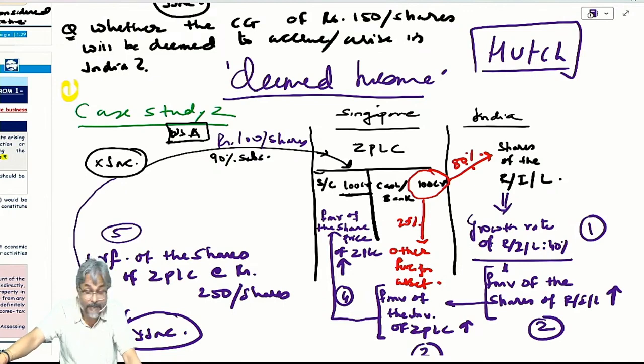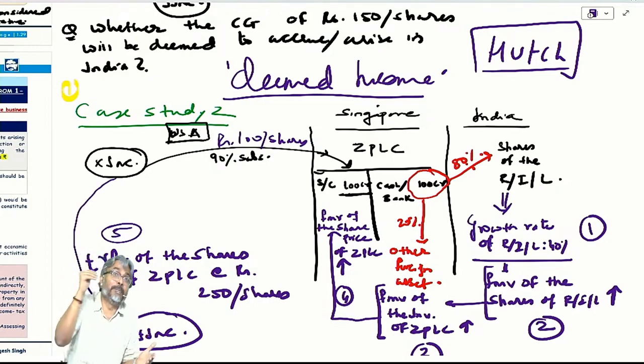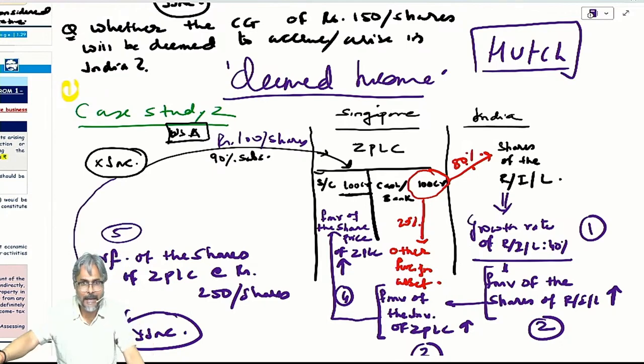Out of the series of arguments, this was a clincher. The deeming provision, if interpreted, has to be interpreted in a very strict sense. Yes, there is an economic nexus. Yes, all those things are there. But where is the provision? A multinational company making an investment in India goes as per the letter of the law.